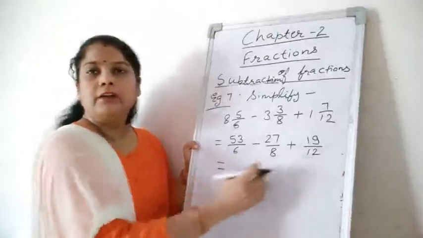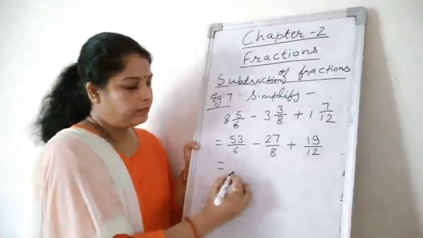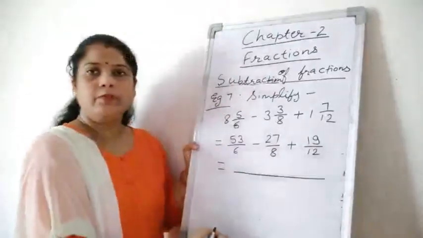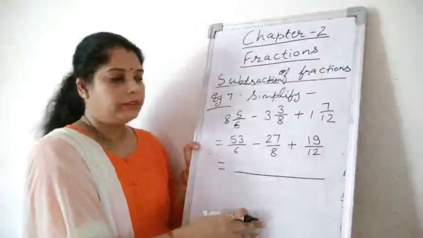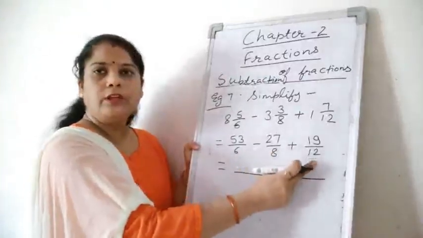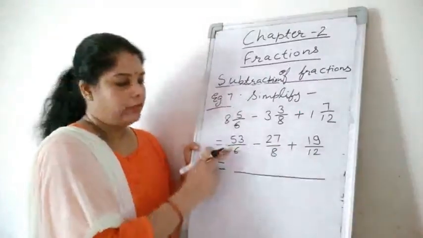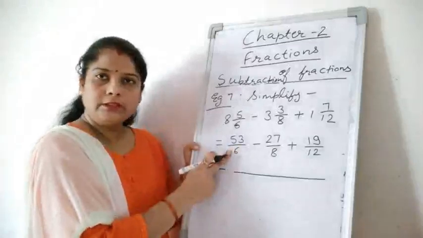Now these are unlike fractions. So we will take the LCM. I am taking it verbally. You can take it by the prime factorization method also. Now which one is the greatest in 6, 8 and 12? 12 is the greatest. Speak out the table of 12. 12 ones are 12. 12 is divisible by 6.